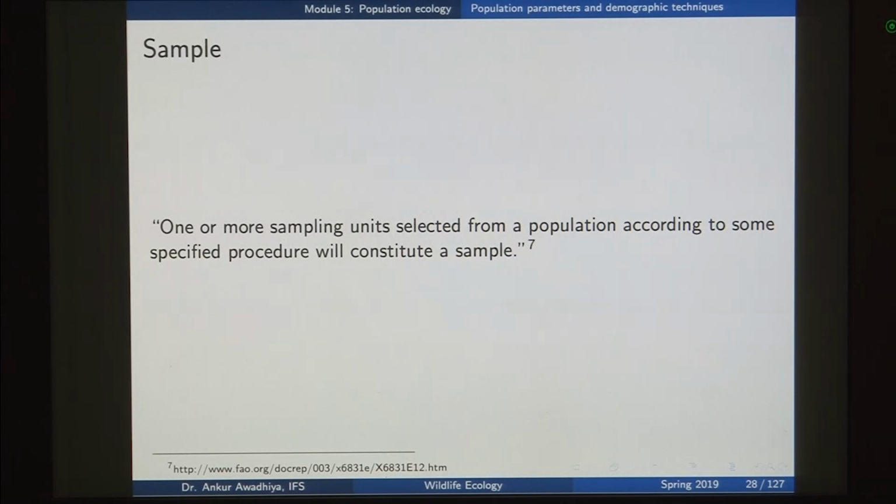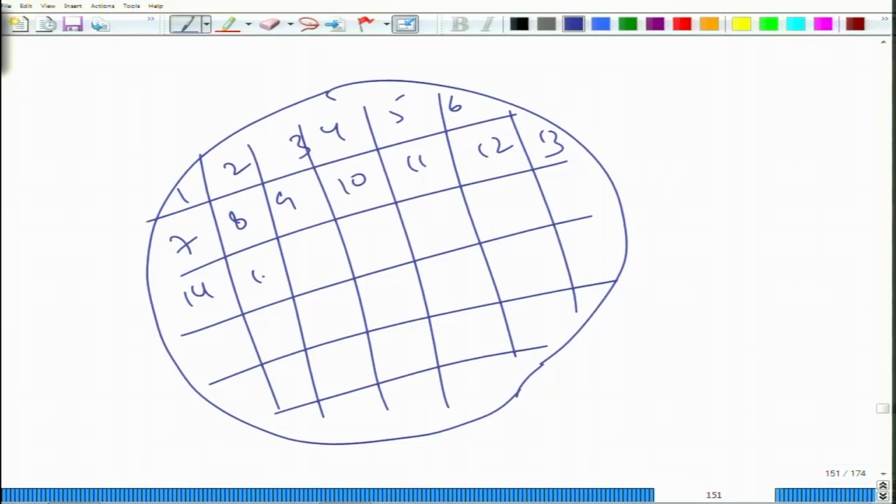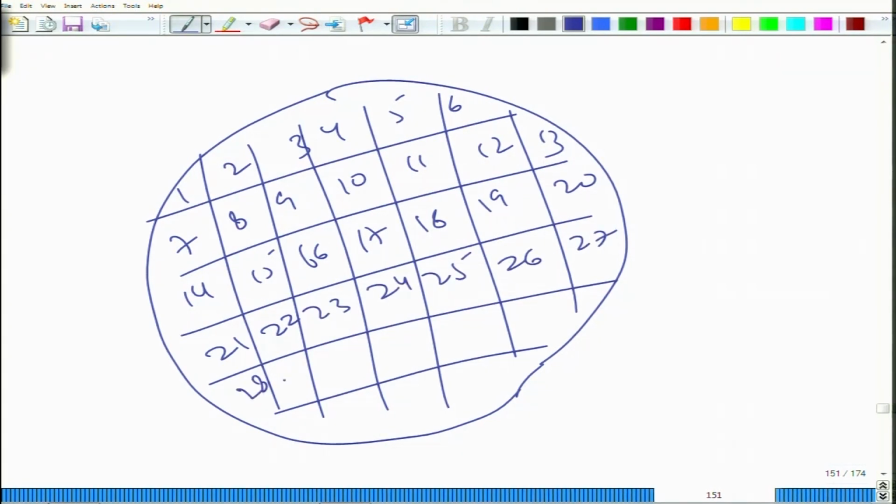So, for instance, in this case we had 14, 15, 16, 17, 18, 19, 20, 21, 22, 23, 24, 25, 26, 27, 28, 29, 30, 31, 32, 33, 34, 35, 36, 37, 38 and 39.